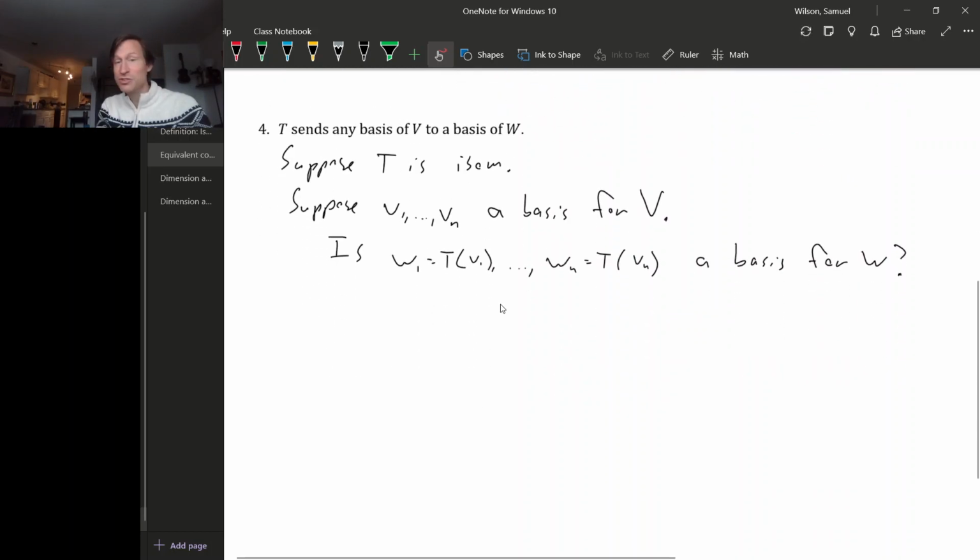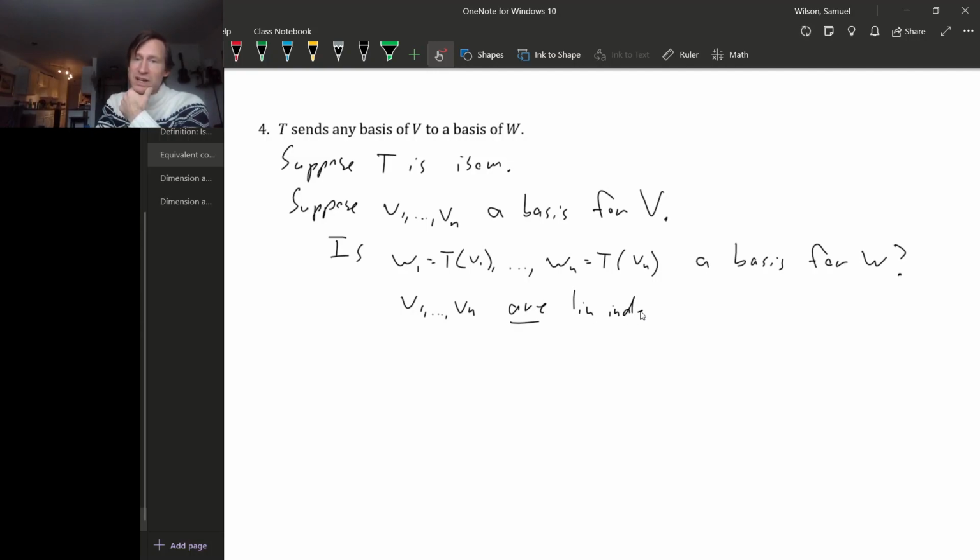Okay, well, that's two questions. First, we need to know, do these span W? And second, are these linearly independent? Well, let's answer the linearly independent part first. V1 through Vn are linearly independent because they're a basis for V. But something that we proved when we were talking about one-to-one functions is that T is one-to-one, and for one-to-one functions, the image of a linearly independent set is linearly independent.